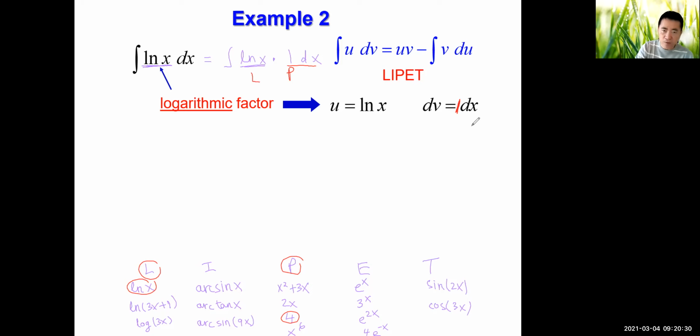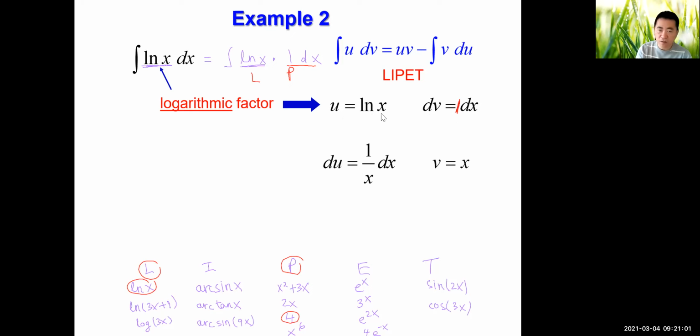And as before, we need du, so you take the derivative of u, and the derivative of natural log of x is 1 over x. So du is 1 over x dx. dv is 1 dx, so that means the derivative of v is 1. What is v? We have to do the antiderivative, and that is x, right? The derivative of x is 1.